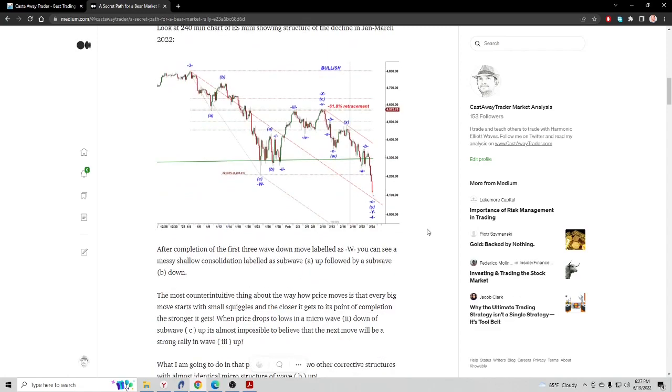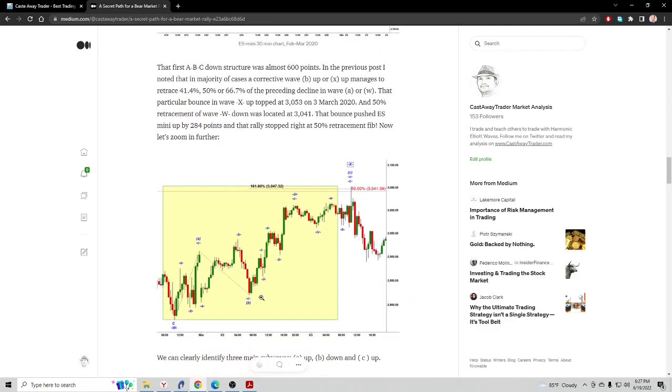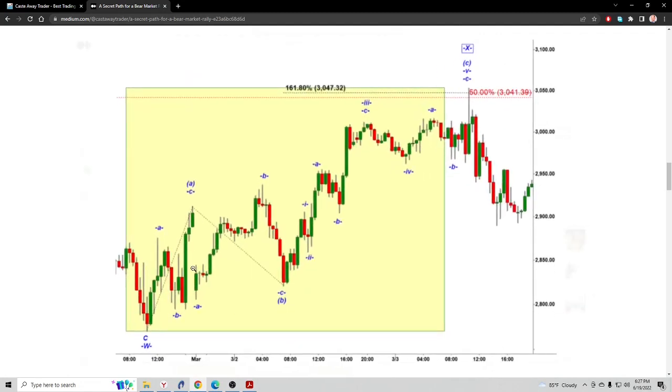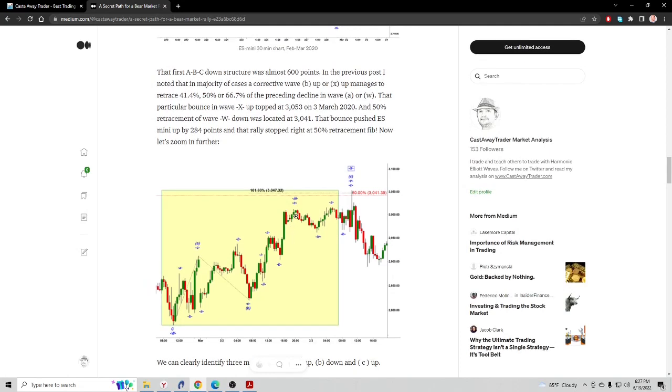But in that particular case, I focused on that second leg up, because in any corrective ABC structure, and that structure was played by ES-mini as well, the second leg up provides you with the best trading opportunity.